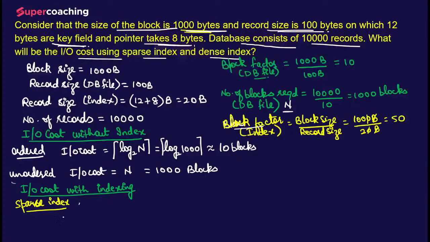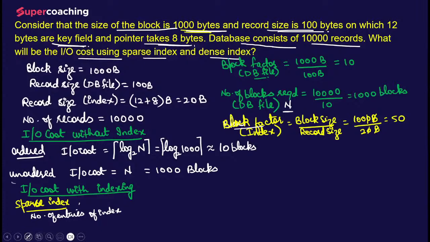Number of entries of index. No response. So block factor is coming out to be 50.